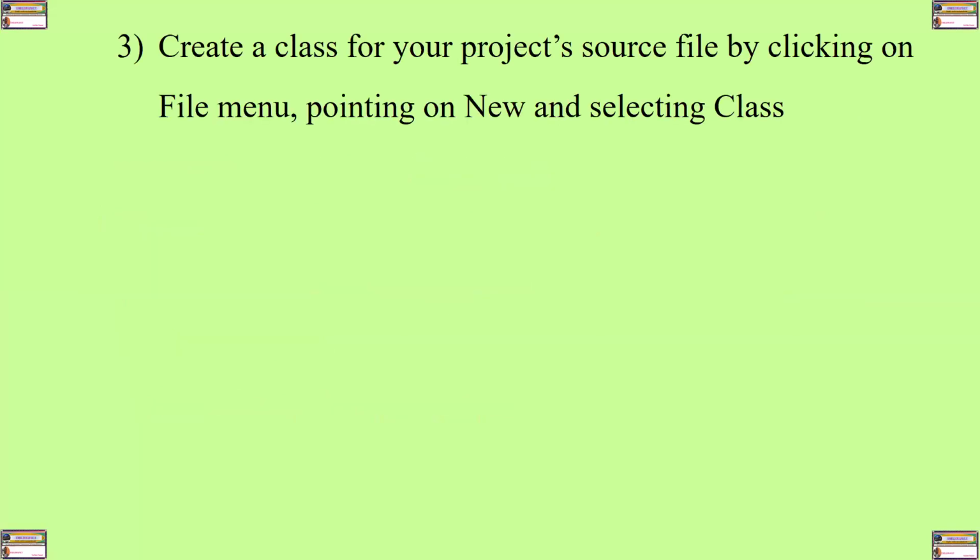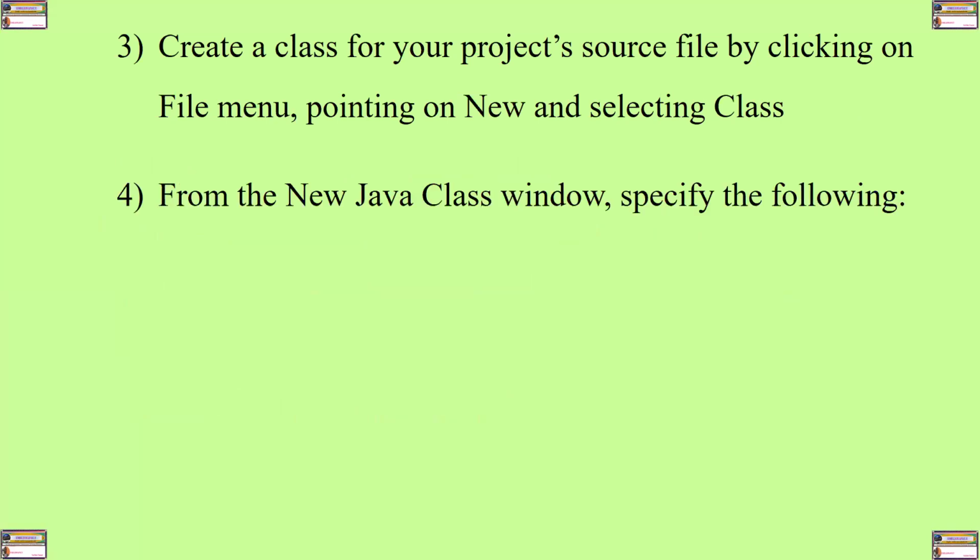The third step is to create a class for your project source file by clicking on the File menu, pointing on New, and then selecting Class. You can simply right-click on your project's name, and then choose Java Class.